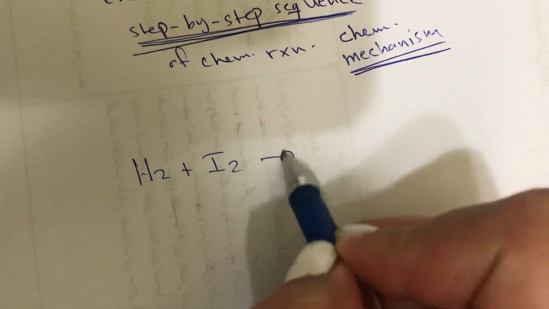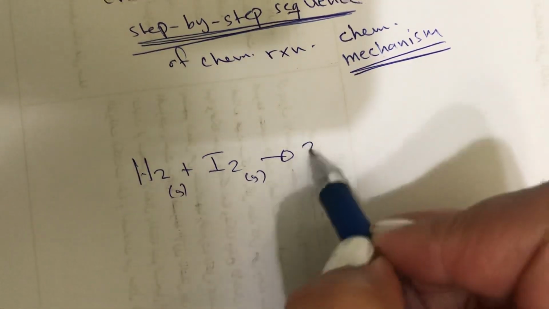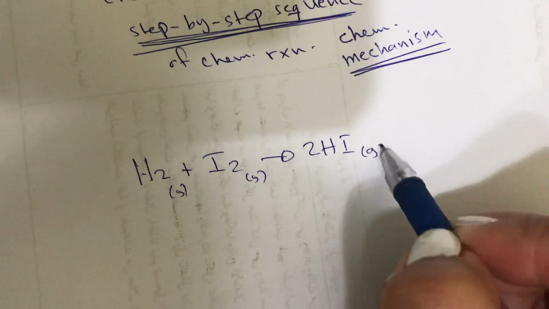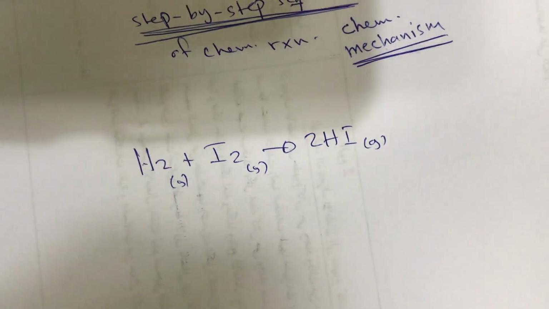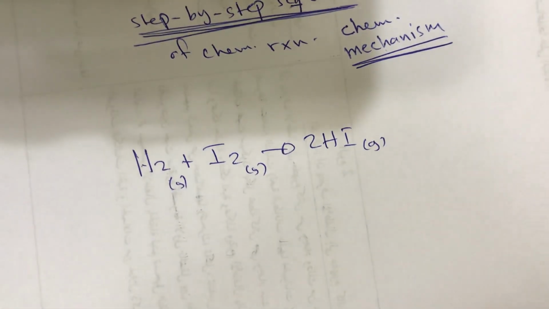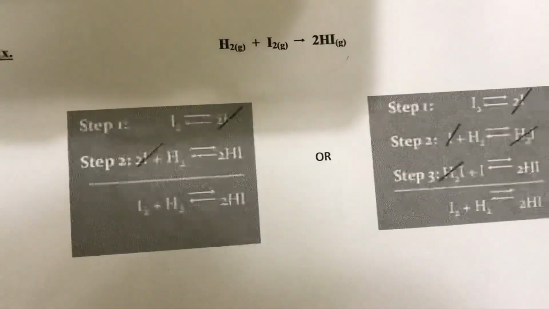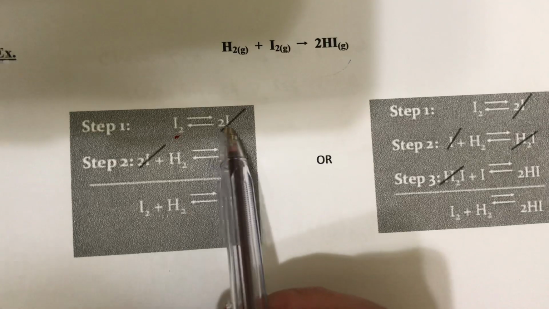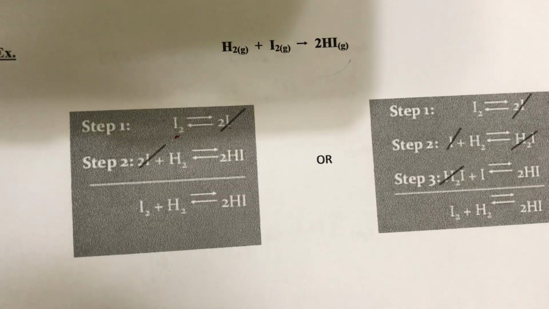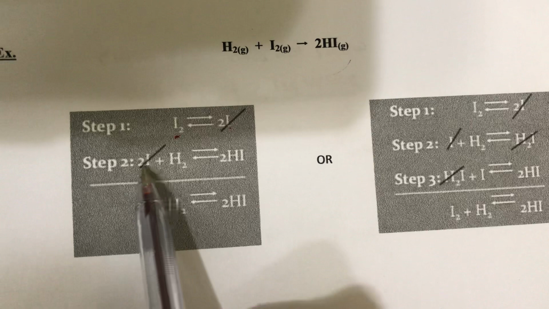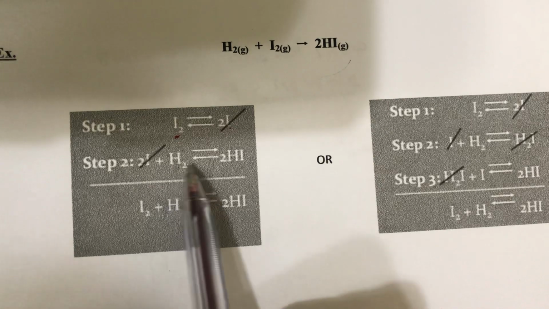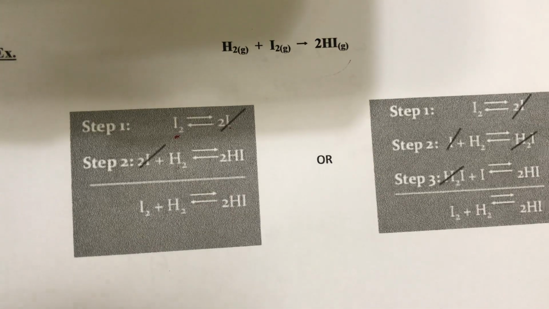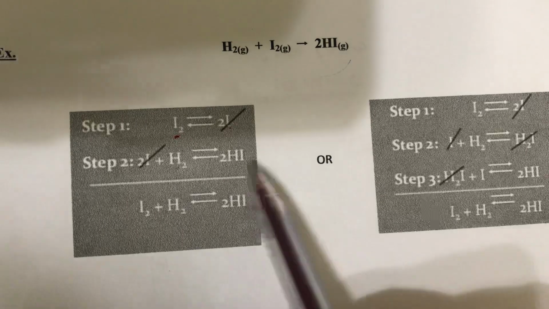For example, here this reaction: hydrogen plus iodine to produce 2 moles of hydrogen iodide. Here, in case number 1, iodine first dissociates to 2 iodine atoms, then 2 iodine atoms react with hydrogen to form 2 moles of hydrogen iodide.